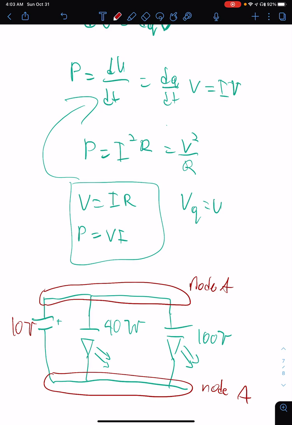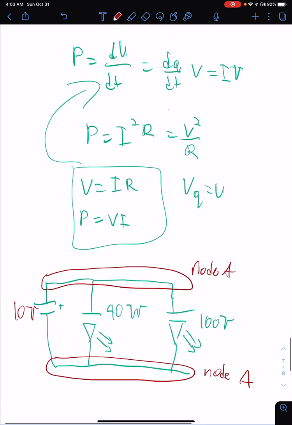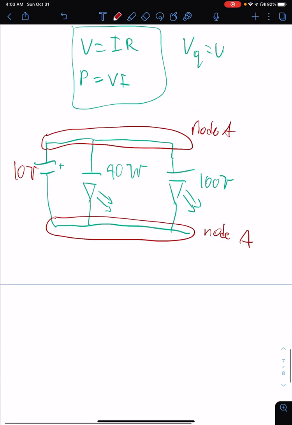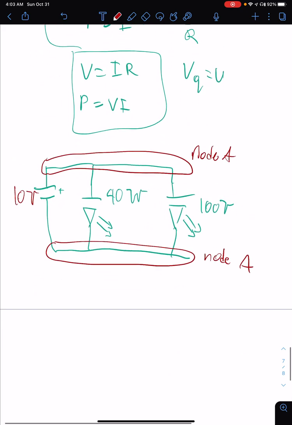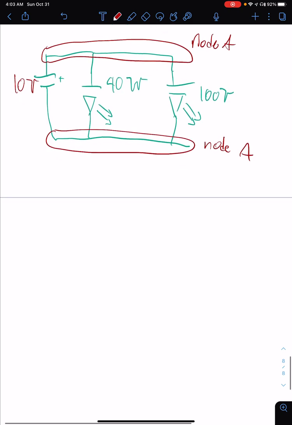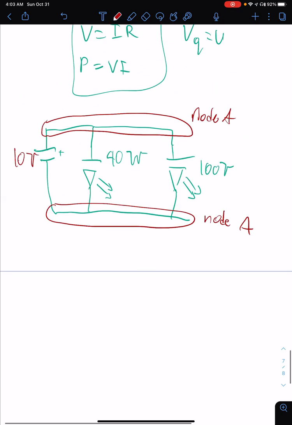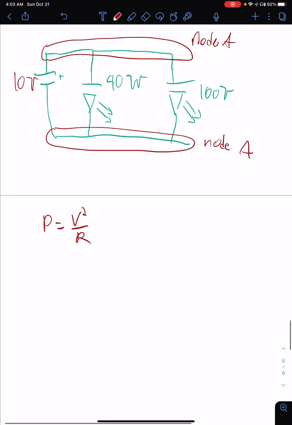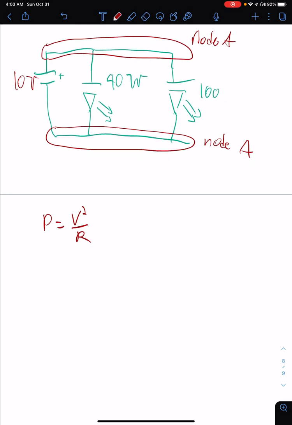But we do know that a higher resistance should result in a lower current if the voltage is constant. And we could do it the long way. I'll do it both ways. With the shorthand equation, I'll do that one first, P is equal to V squared over R. We know that this should be a watt symbol.